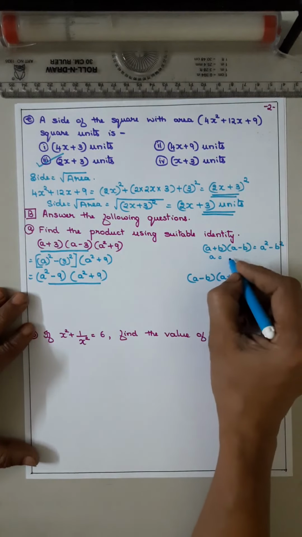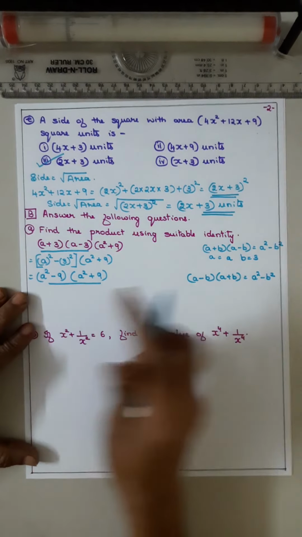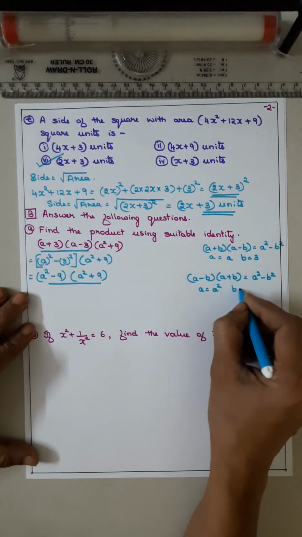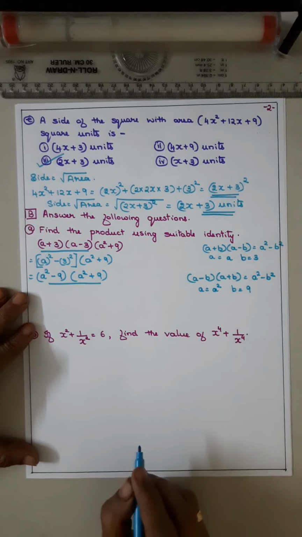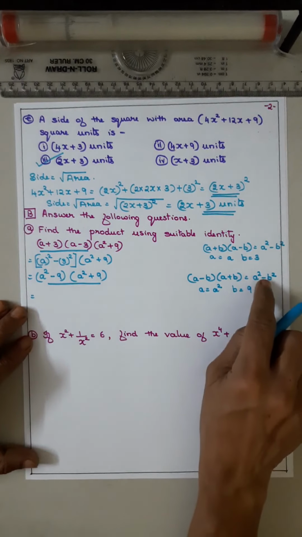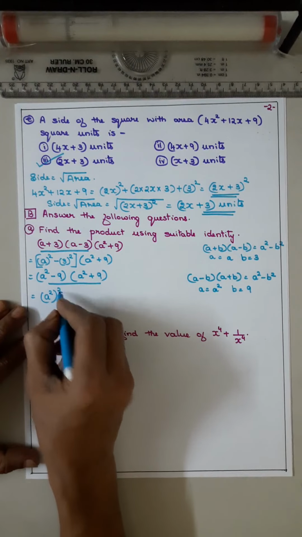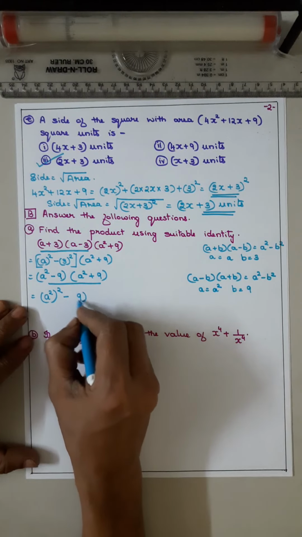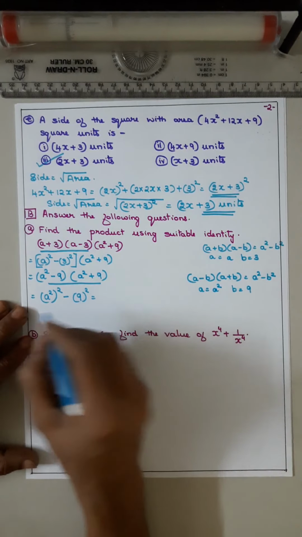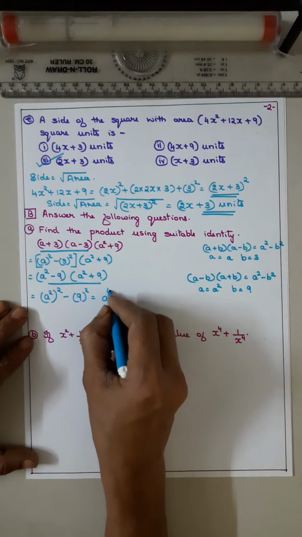Here, in place of a, what did you take? a is equal to a, b is equal to 3. But here a is equal to a squared and b is equal to 9, right, in step a. Now put a, that is (a squared) the whole square minus 9 the square. That means a squared the whole square means a to the power 4.